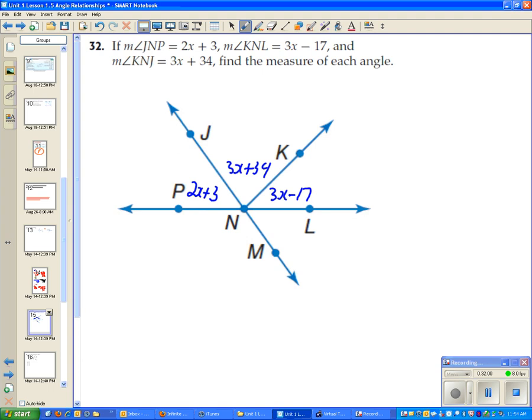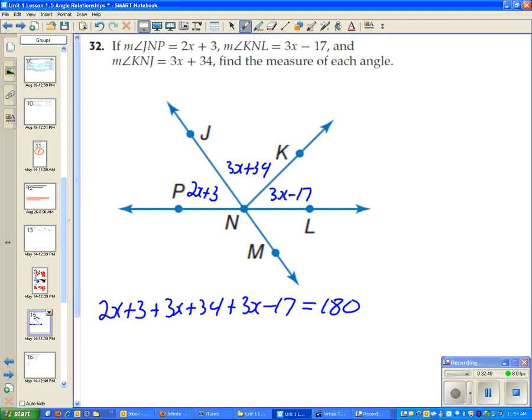Okay, now, write your equation. Yep. Is that your equation?